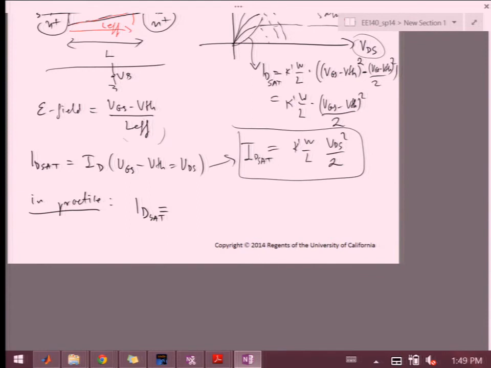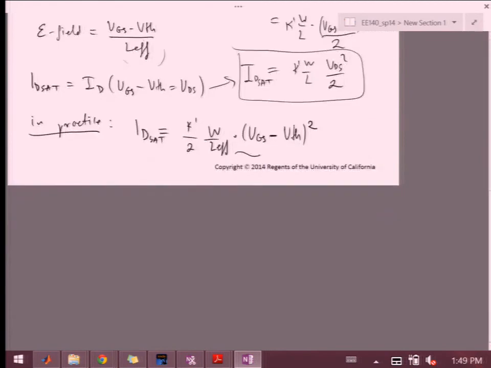So we're going to write it as K prime over 2 W over L effective times VGS minus V threshold squared. And this effect we're going to call channel length modulation.